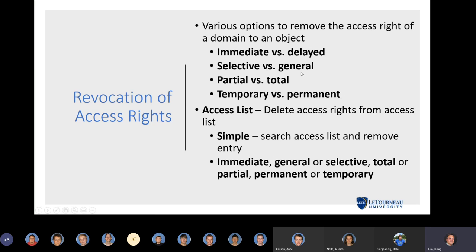You could wipe out all the permissions for these domains, or say only these particular domains will have the rights revoked or changed. Then partial versus total, and temporary versus permanent. You can also grant access rights temporarily, but after a prescribed period of time, those rights go away.